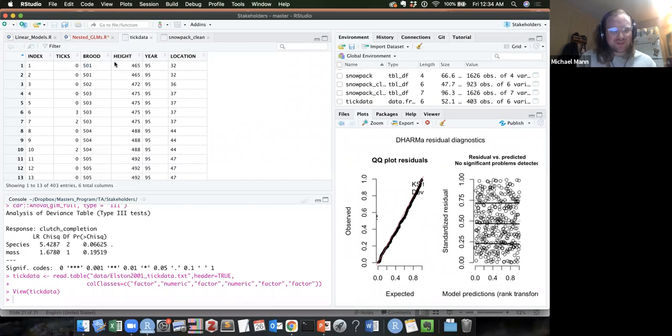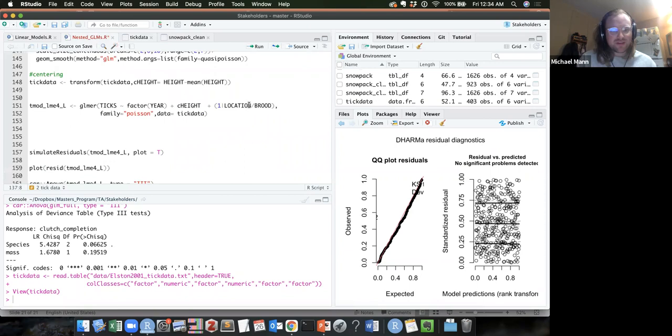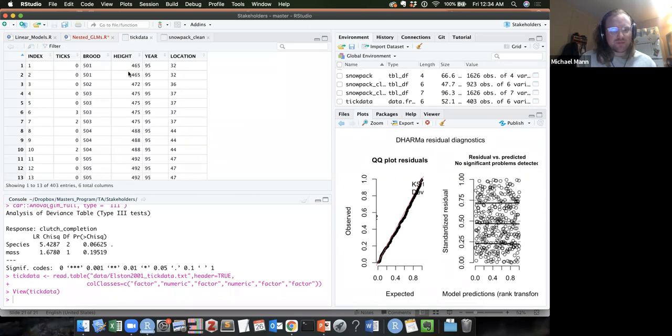And the locations, I believe, let me double check. Pretty certain, yeah. Or sorry, there's different broods. So that's like the groups, and those broods are nested within these broader locations. And then they also have year, and I think they sampled 3 different years, like 95, 96, 97. And then height here is actually just altitude or elevation in meters.